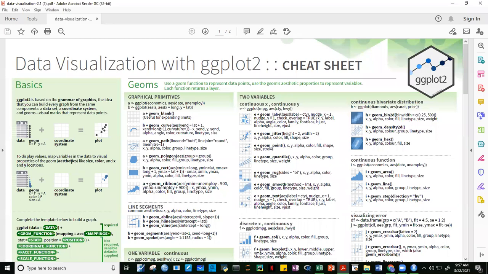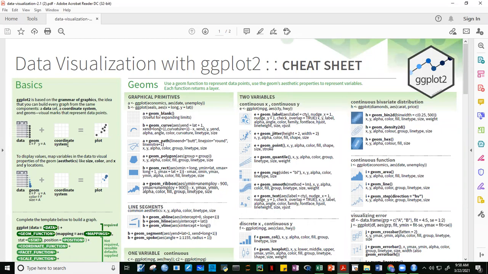So guys, the mapping aesthetics and the geometric aesthetics are different. It says here that to display the data, we need to map the variables. Where do we map them, guys? In our mapping aesthetics. We need to map the data in order to generate the visual properties through the use of the geom.